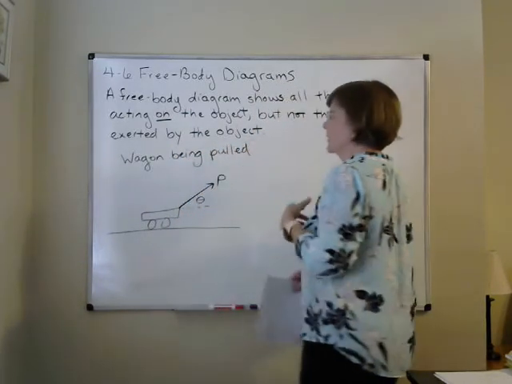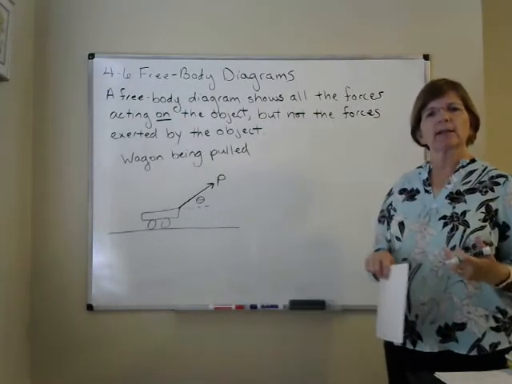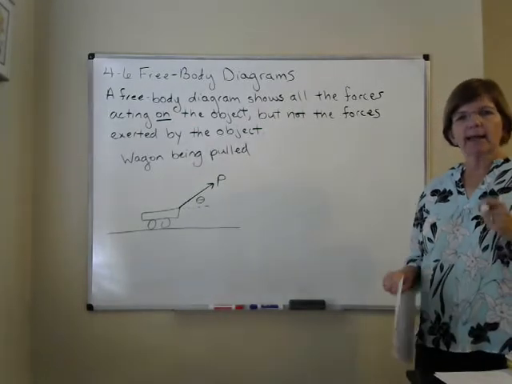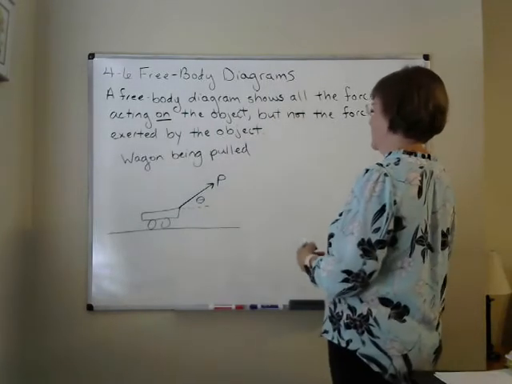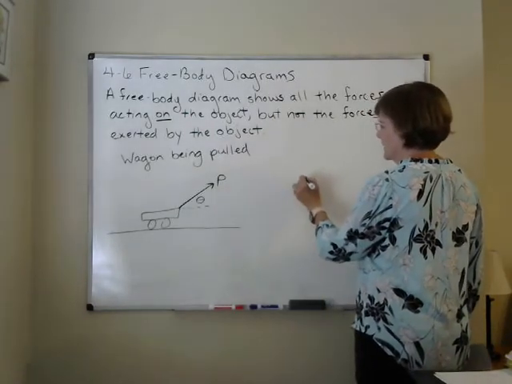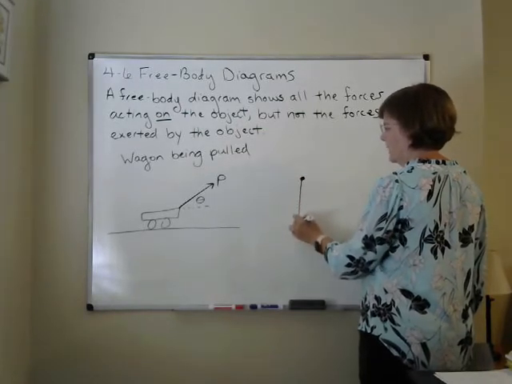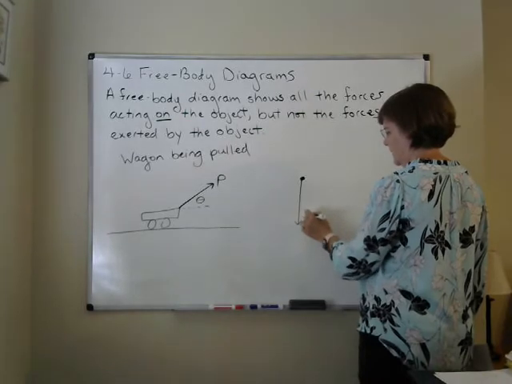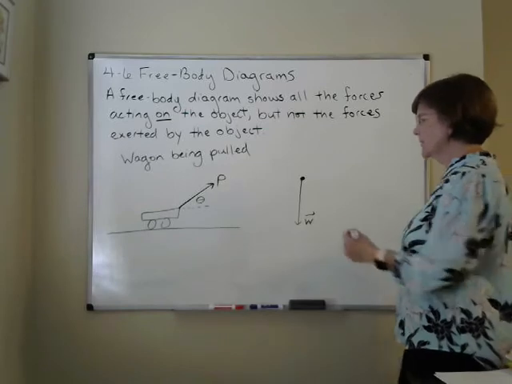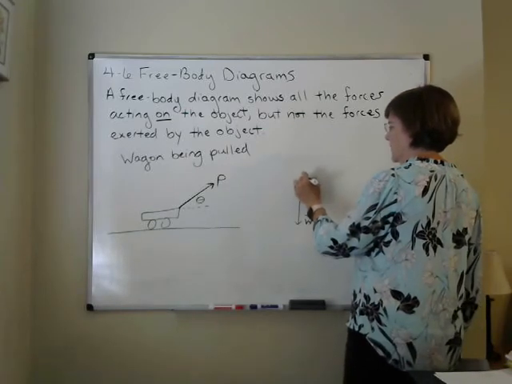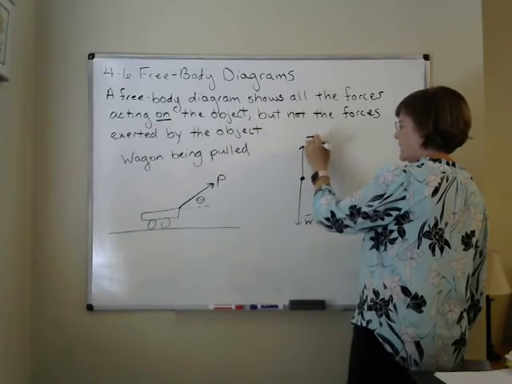And we're not even going to go into whether it's being pulled at a constant speed, whether it's accelerating, whether it's slowing down. Let's say I don't know any of that, but I can at least look at what the different forces are that are acting on it. So I let the wagon be a point. I know the wagon weighs something, so it has a downward weight. I also know there has to be a normal force. Now, in this case, the normal force may not equal the weight.